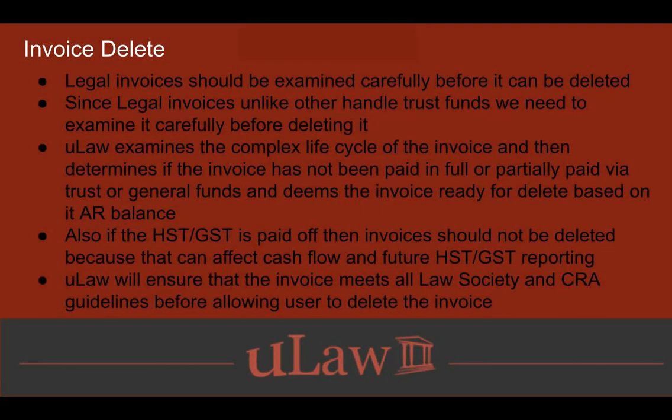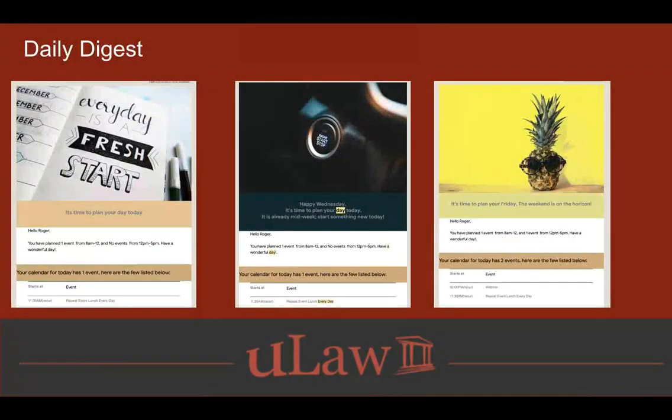You can choose the days on which you need the daily digest, and then it will look very similar to the screenshots available here, where you can see what the event for today is, how your calendar looks, and what the time is for which you have planned events.